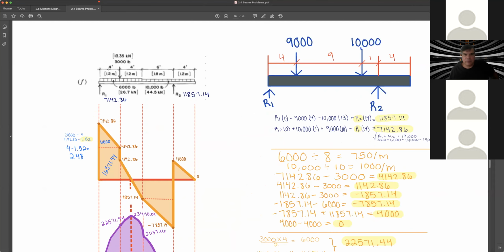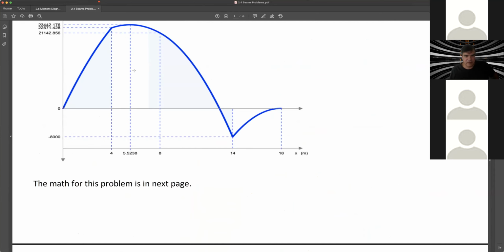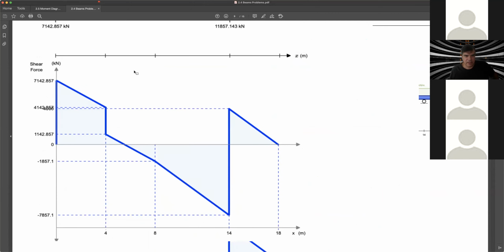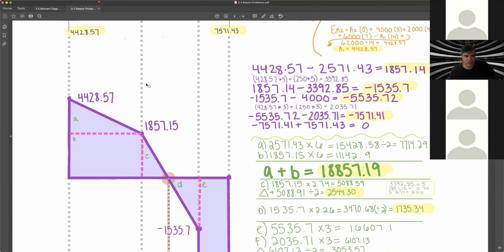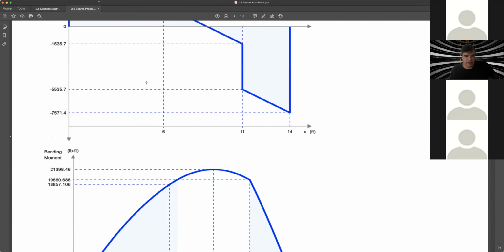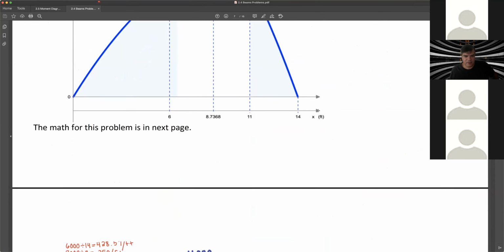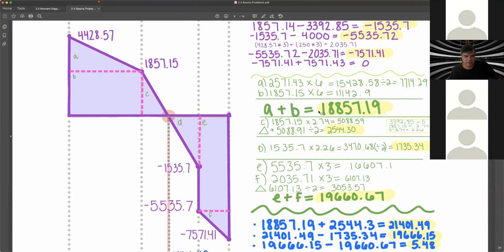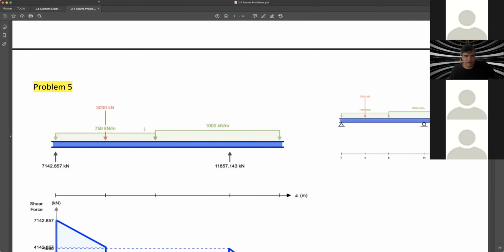Okay, I will start with problem number 5. As I told you, there are 2 ways to make the drawing of this particular problem. One is the one that is here, made with CAD, and it will be like in the test, and it's written here, 750 kilonewtons per meter or 1,000 kilonewtons per meter.